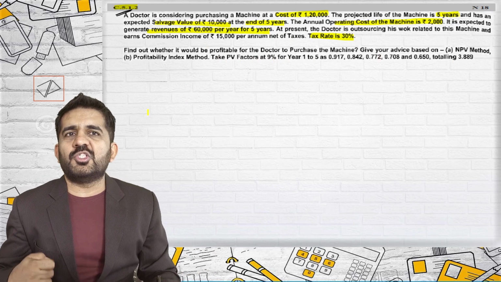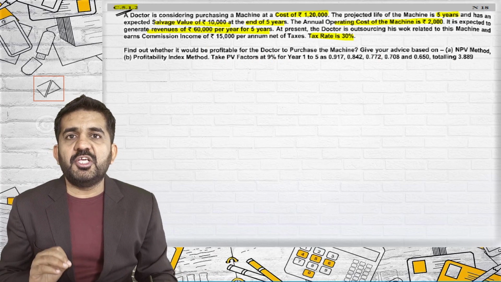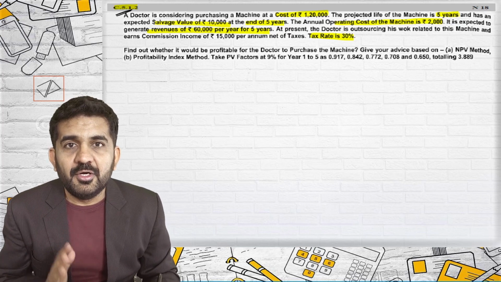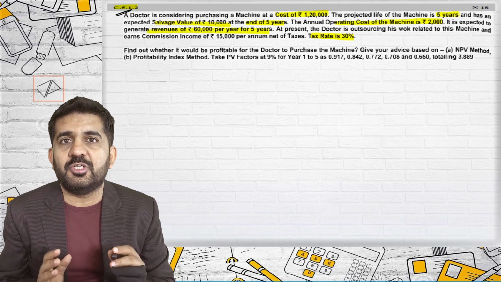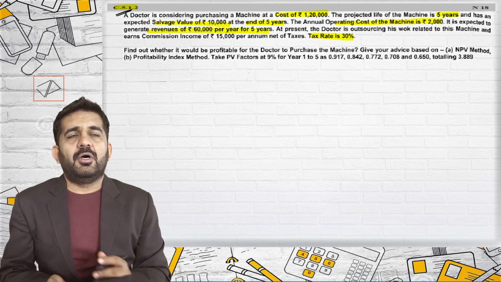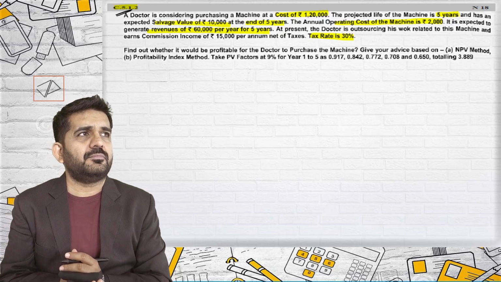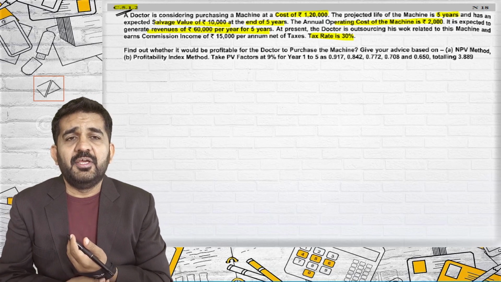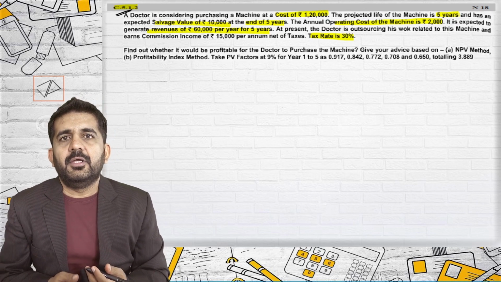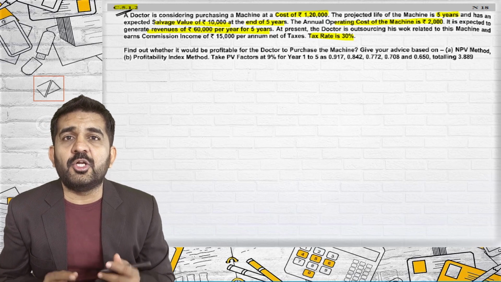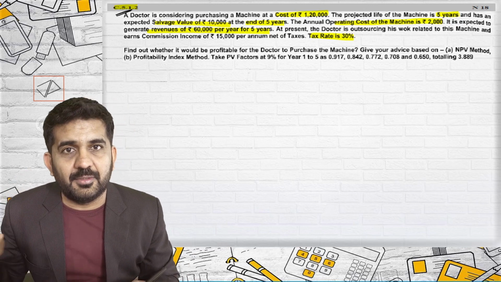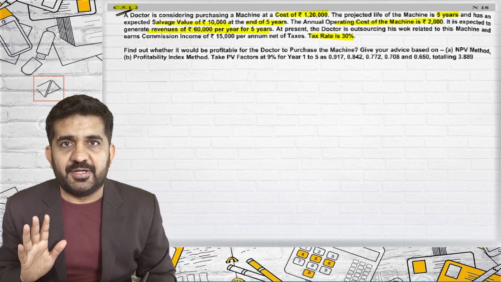Alright. So what is the cost of the machine? 1,20,000. What decision we need to give to the doctor, whether he should purchase this machinery or not? Please try to understand what the doctor is doing right now. He is outsourcing this. Say if you go to a doctor, he will normally tell you to do scanning, X-ray. Normally the doctor will give you a chit and tell you to go to the scanning place and get your X-ray done.